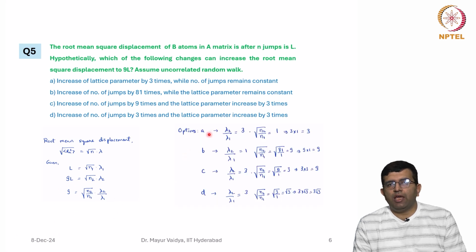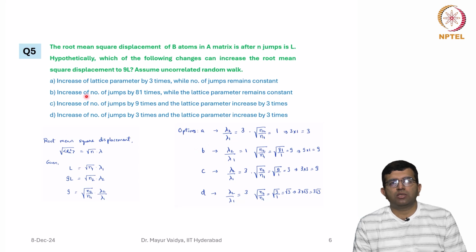Option A is an increase of lattice parameter by 3 times while the number of jumps remains constant. That means lambda 2 by lambda 1 is equal to 3 and n2 by n1 is equal to 1. The product of 3 into 1 is 3, which is not equal to 9, therefore option A is not correct.